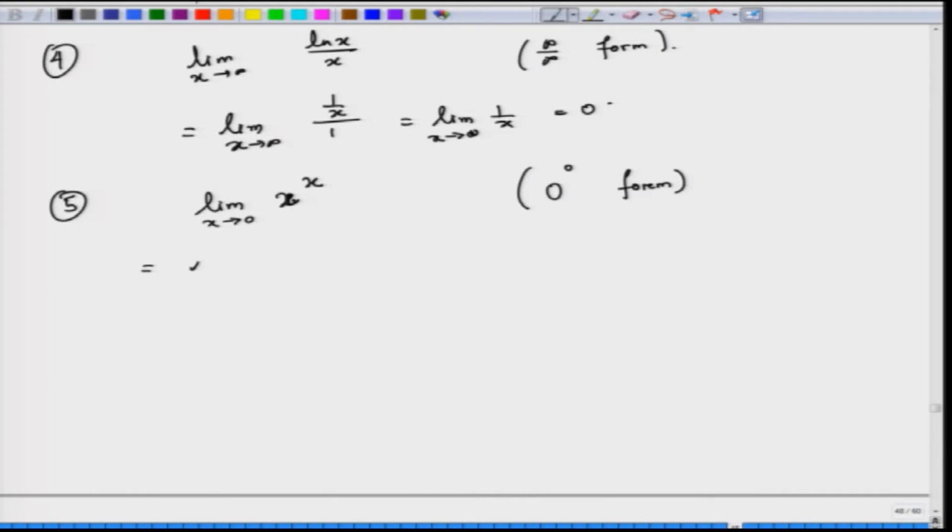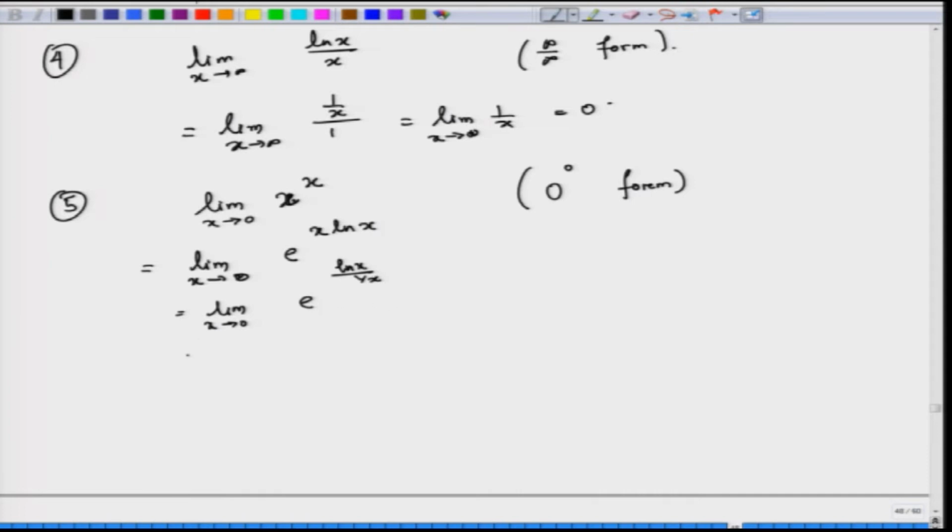So, now how to do this? This is exactly what we did for (x plus 1) to the power 1 by x. I can write this as x ln x, which is equal to the limit as x tends to 0 of e to the power ln x divided by 1 by x.